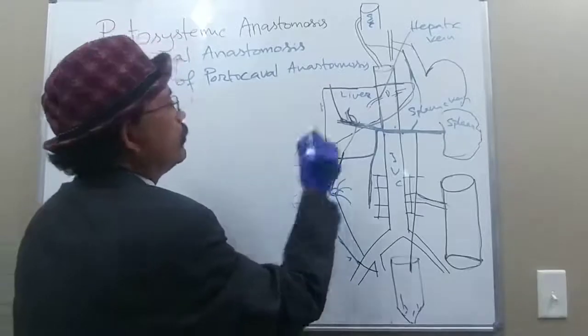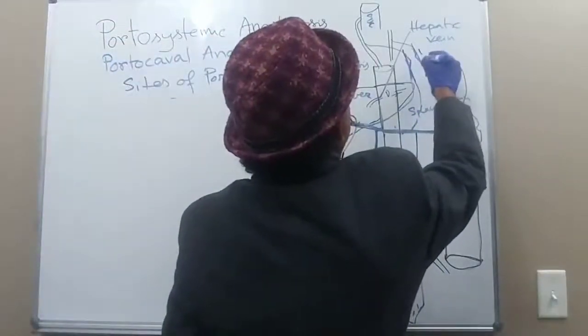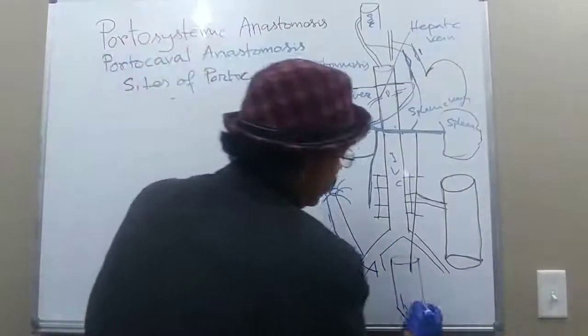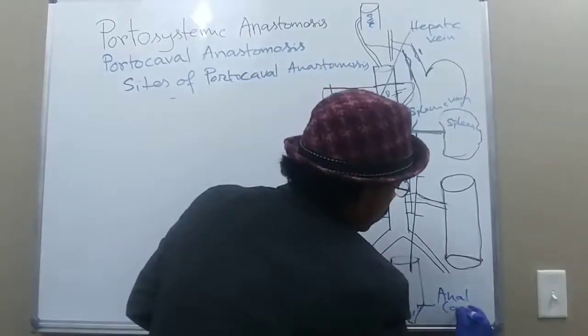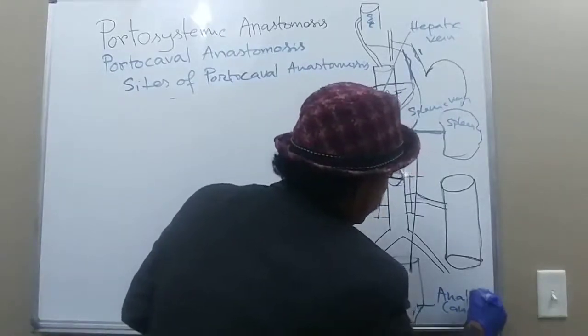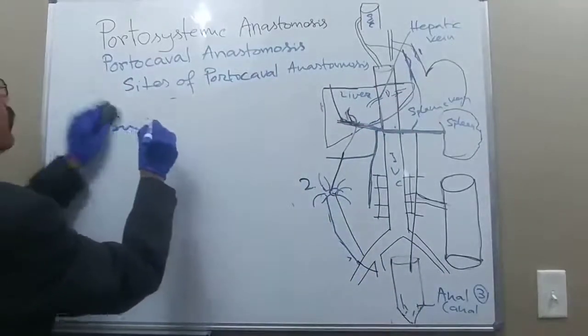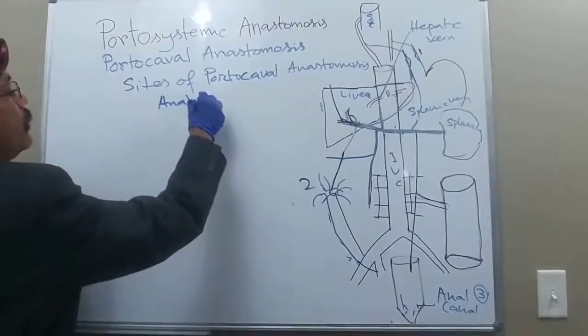This is number 2. Esophagus, number 1, we have esophageal varices here. We just discussed number 1 and number 2. Now we'll go to the anal canal, number 3.